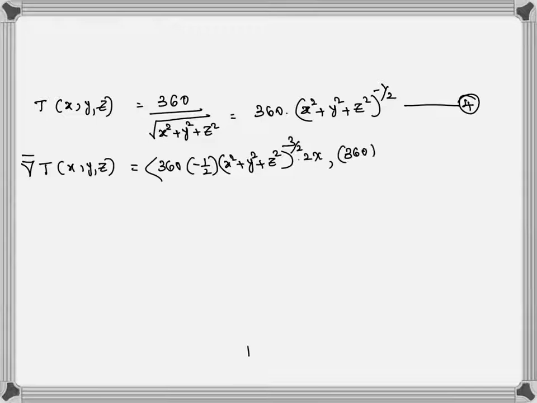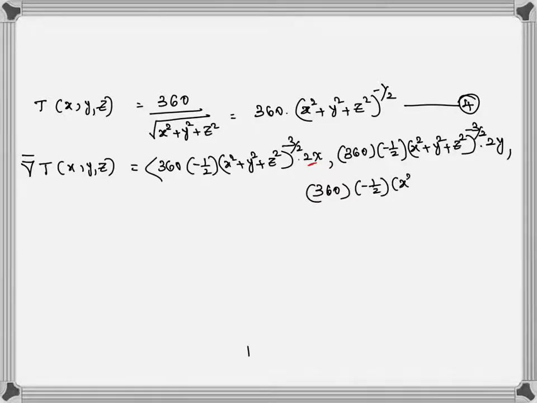That is the x component. Similarly, we can write down the y component and the z component. Everything will be the same except here 2x, there it will be 2y for the next component, and for the z component everything is the same except it will be 2z.